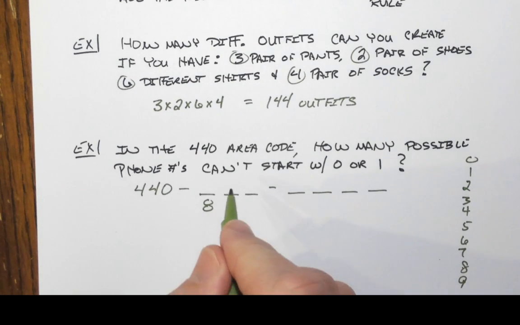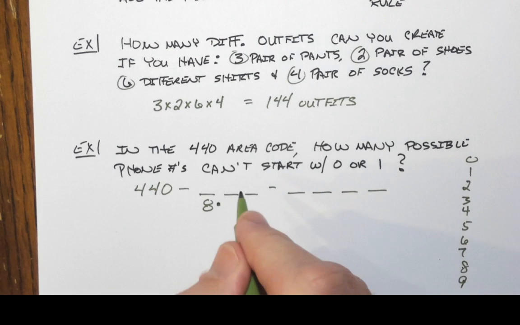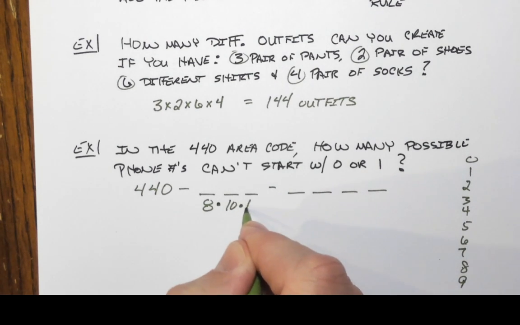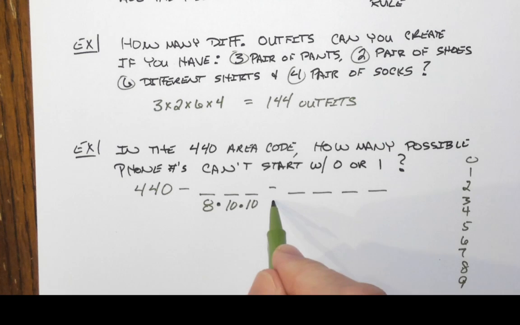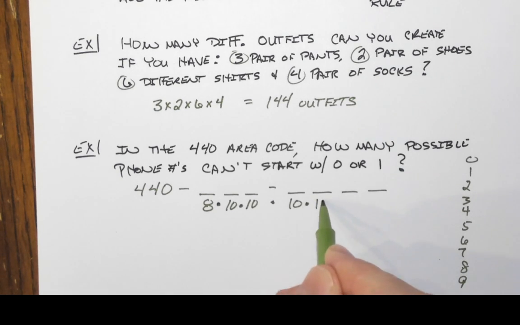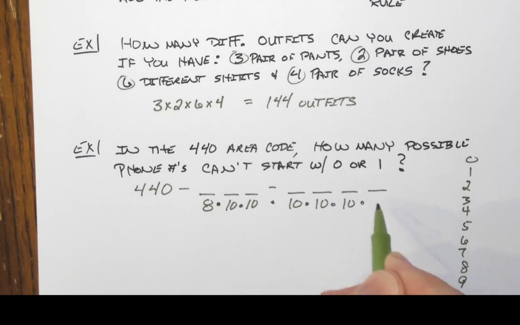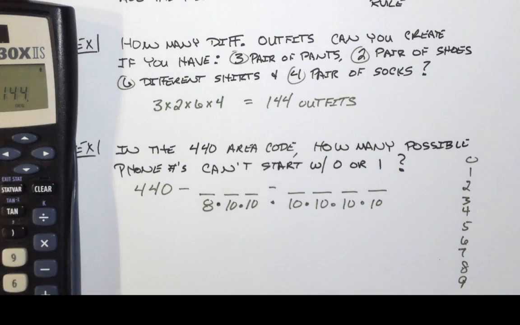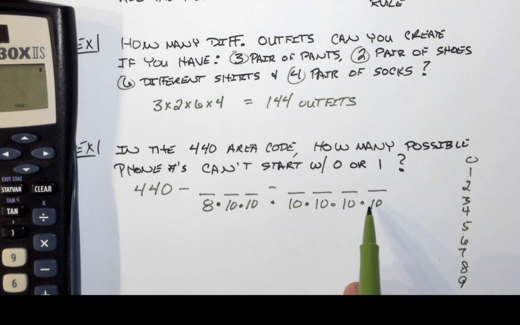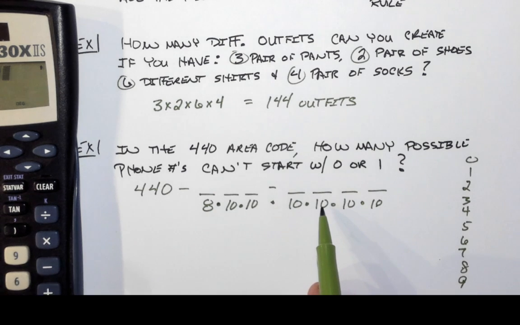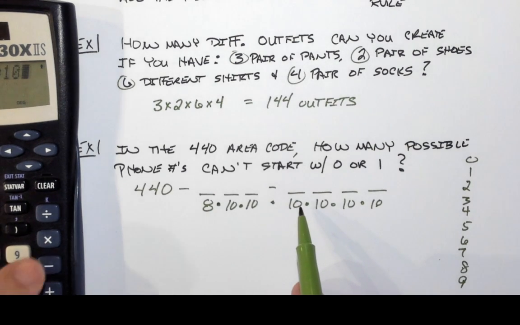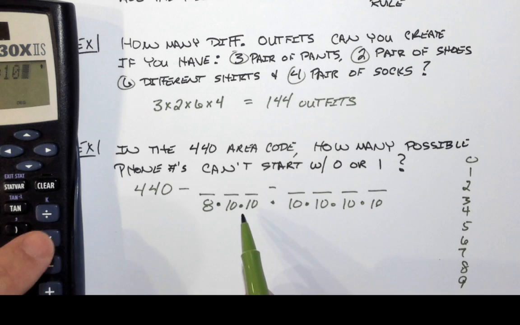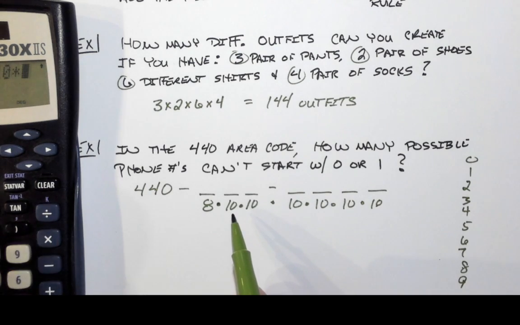All numbers are now eligible for the rest of the way through. How many possible phone numbers do we have? 10 times 10 times 10 times 10 times 10 times 10 times 8.